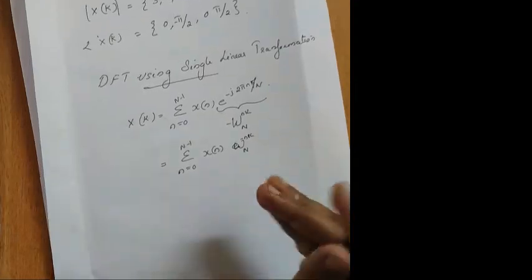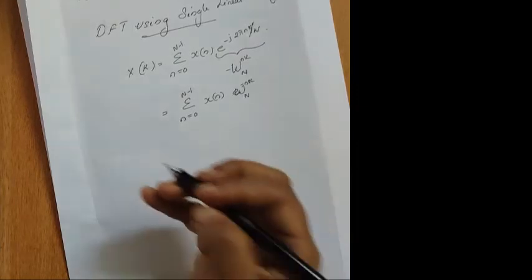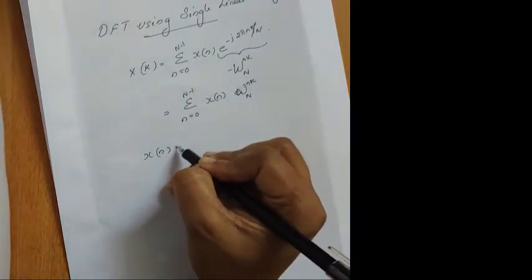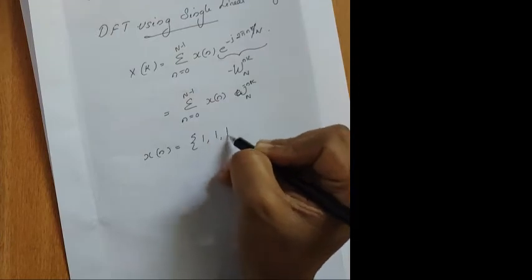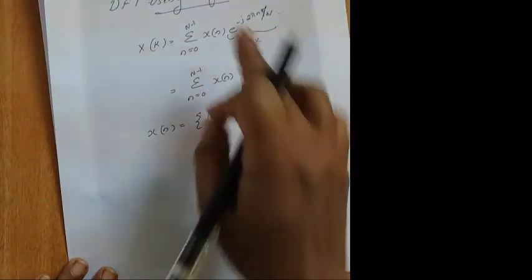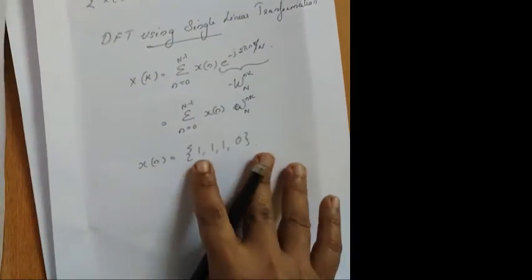Last time they asked a question: find the DFT using a single linear transformation. Your question was given as x of n is equal to 1 1 1 0. Without any transformation, using a single transformation you have to compute the DFT. Why are you going for single transformation?